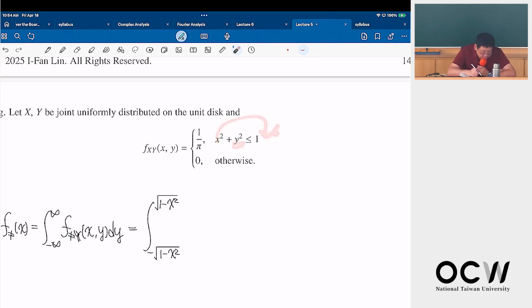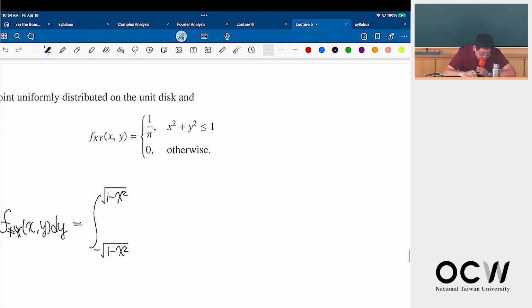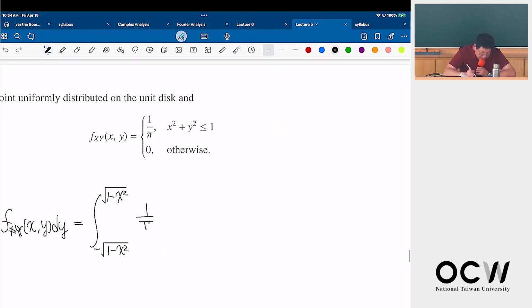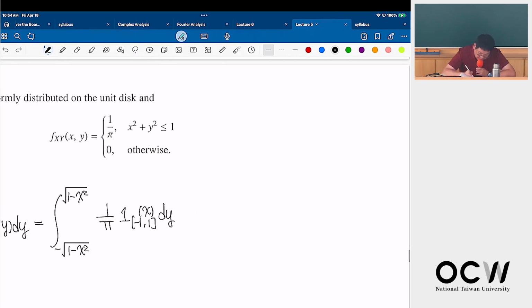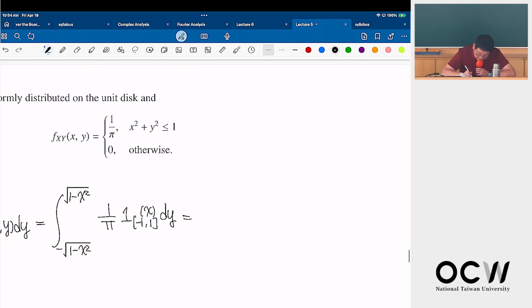Okay. 1 over pi. And for x, x is from -1 to 1, dy. So it's 2 over pi square root of 1 minus x squared.